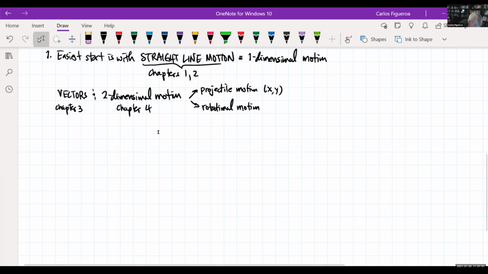The second thing here is that objects are called extended objects.